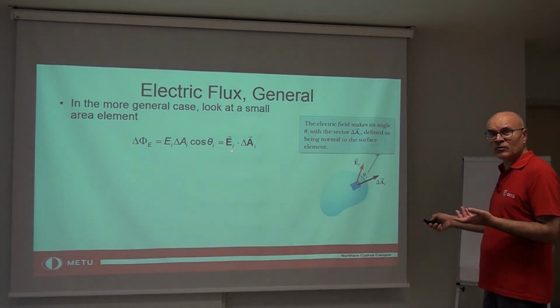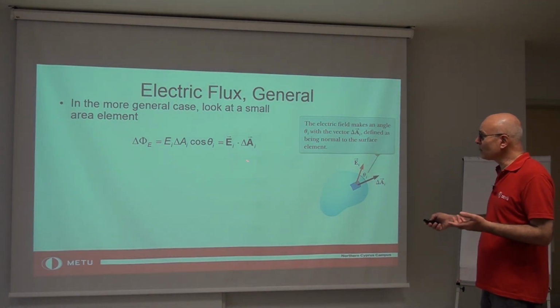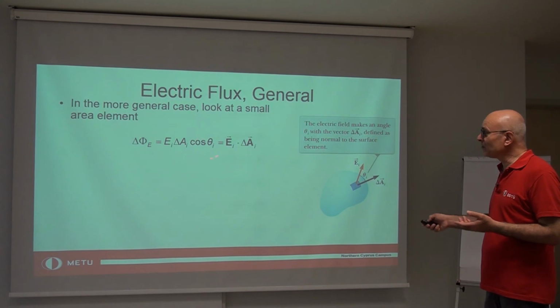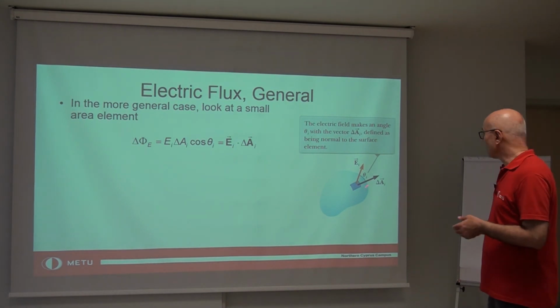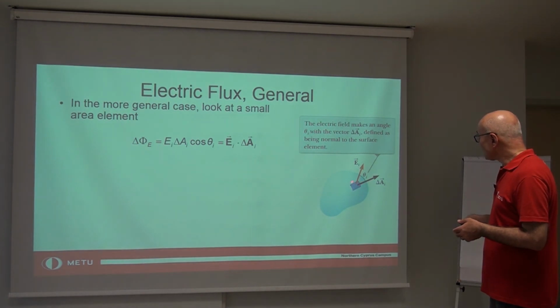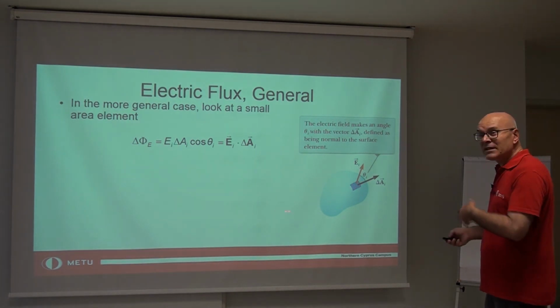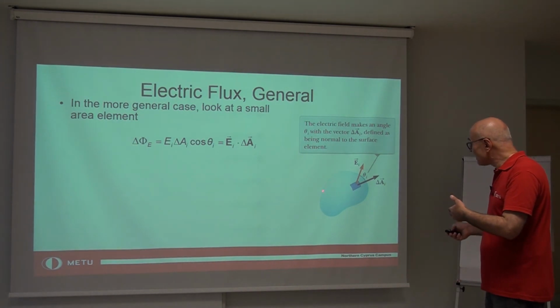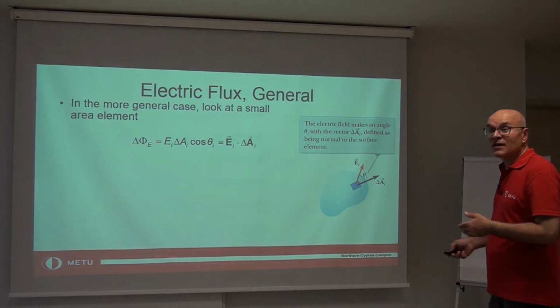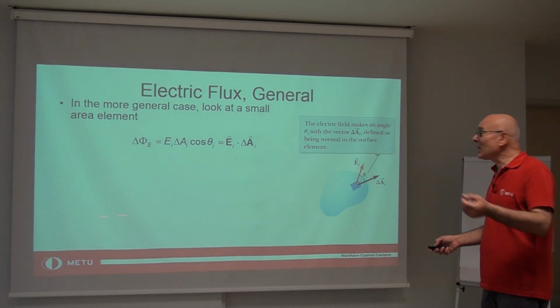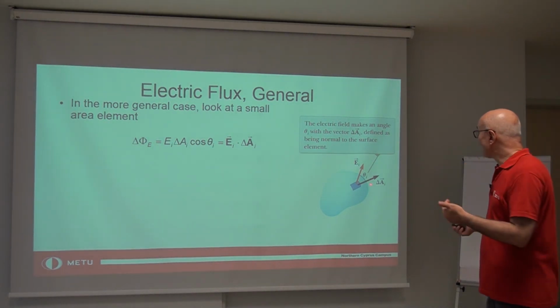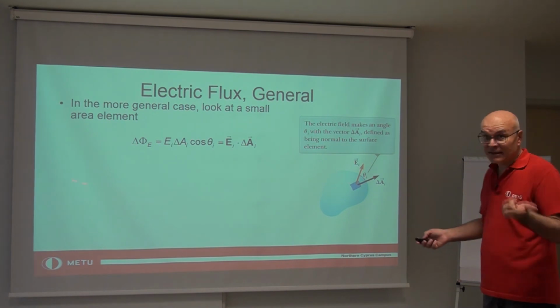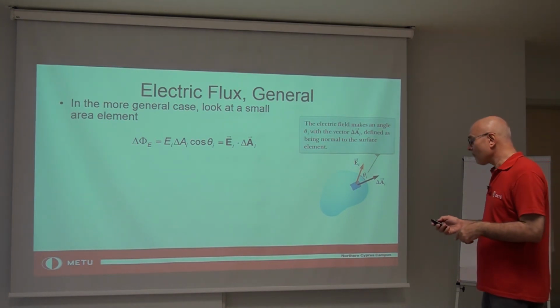You remember the dot product of two vectors: modulus of the first, modulus of the second, cosine of the angle between them, and this is exactly what you get. So now I can find the flux through this ith area element, which means I can find the flux through each area element that covers the whole surface. For each area element, you will have a different E_i and a different theta_i.